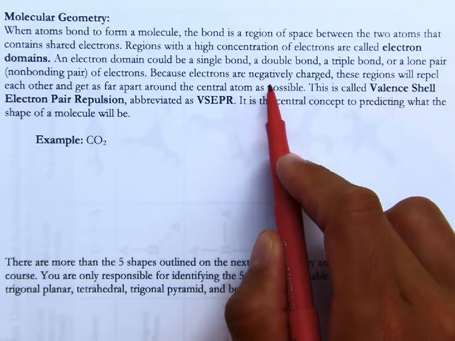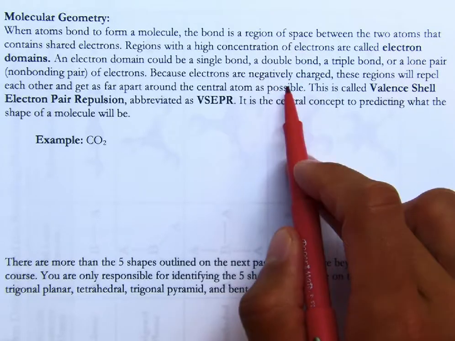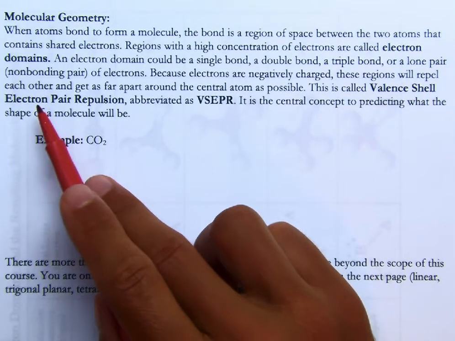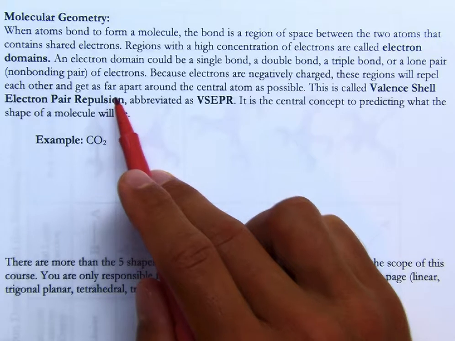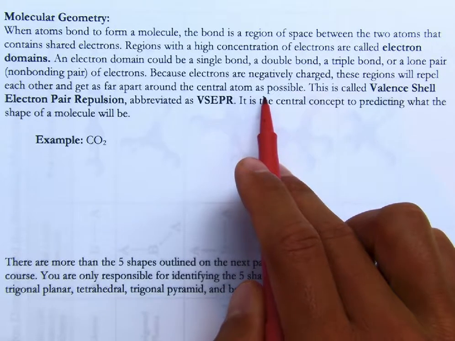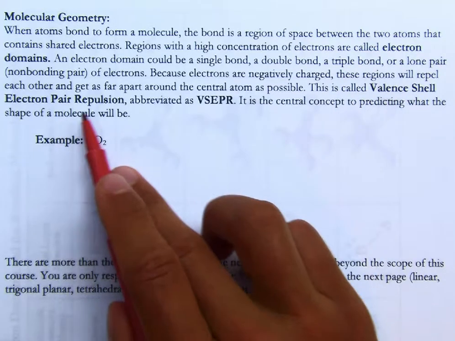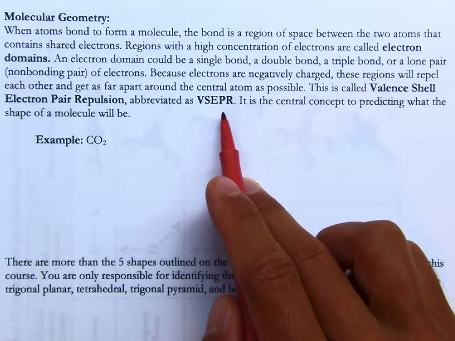So the negatively charged regions where you have shared electrons will repel other electron domains. The electron domains will get as far apart around the central atom as possible. That's a key idea. This is called valence shell electron pair repulsion, or VSEPR theory for short. This is the central concept for predicting the shape that a molecule will have.